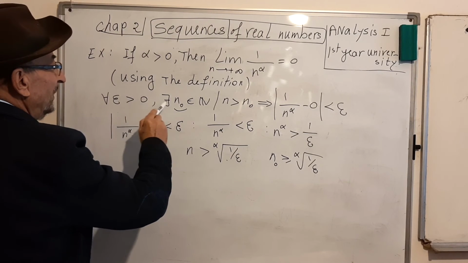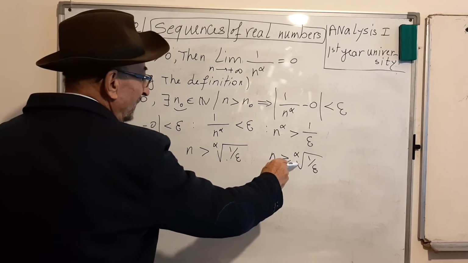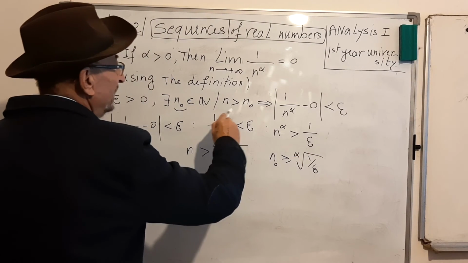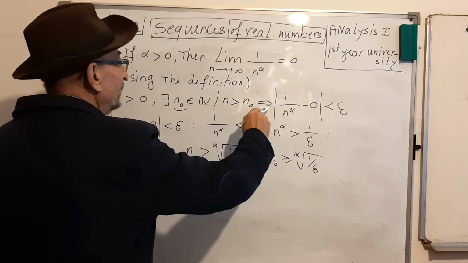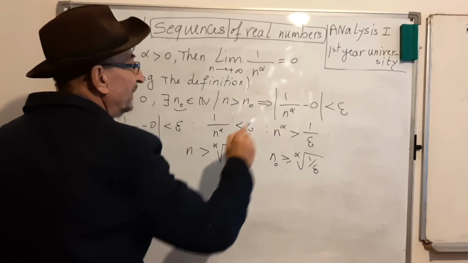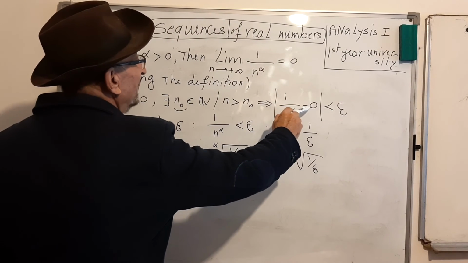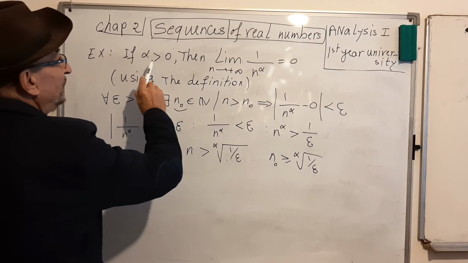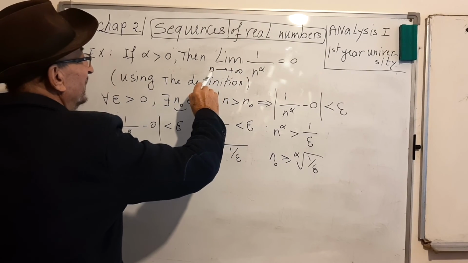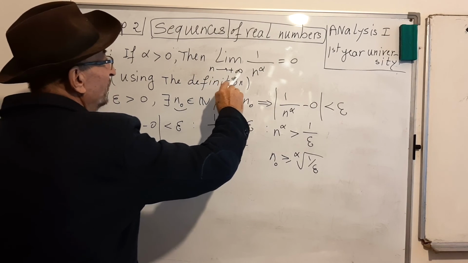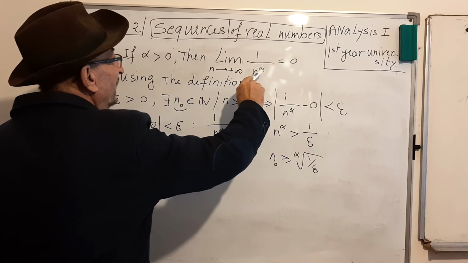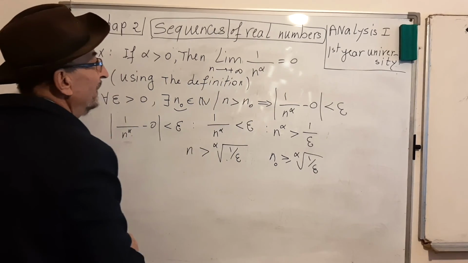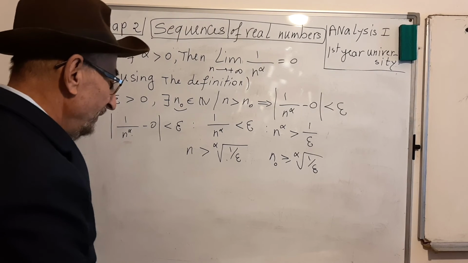For every epsilon, there exists n0 equal to the alpha root of 1 over epsilon such that n greater than n0 implies 1 over n alpha minus 0, the limit, is less than epsilon. So we have the limit, if n tends to plus infinity, of 1 over n alpha equal to 0 for every alpha strictly positive.